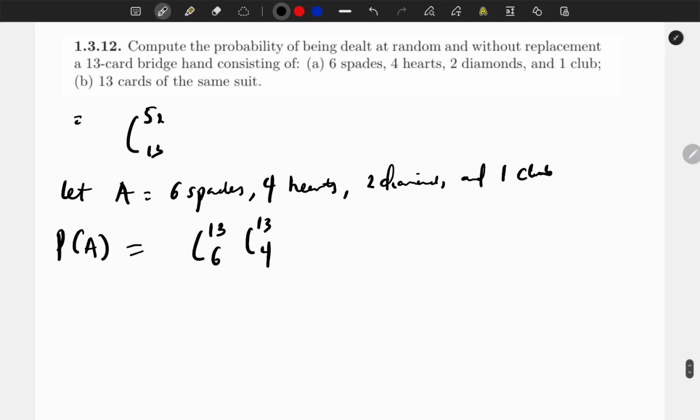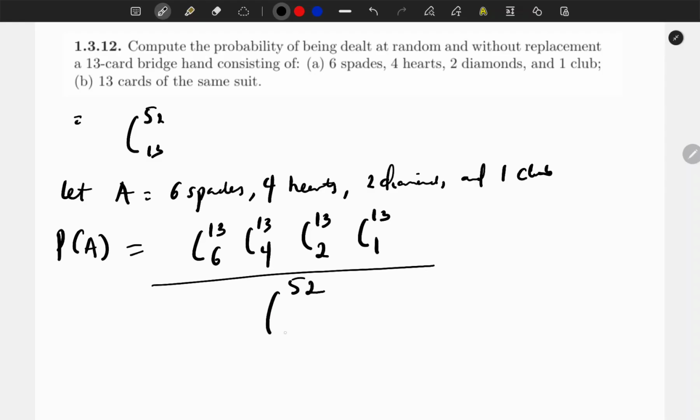For diamonds, we have 13 diamonds, and we pick 2. Then in clubs we have 13 cards, and we pick 1. Everything over combination 52 choose 13.